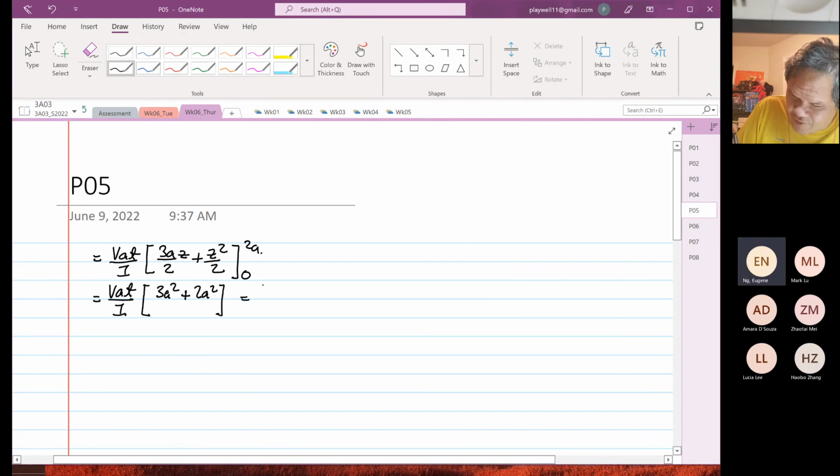So this will be equal to 5VA cubed T over I.